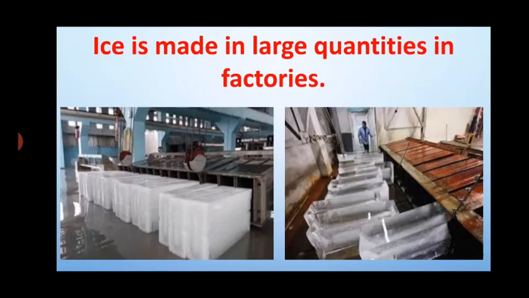Alright, and then when you go to a juice center, you ask the juice wala uncle to give you a glass of watermelon juice. He asks you, should I put ice in it? And when you say yes, he breaks a small piece of ice from this big piece that he has.